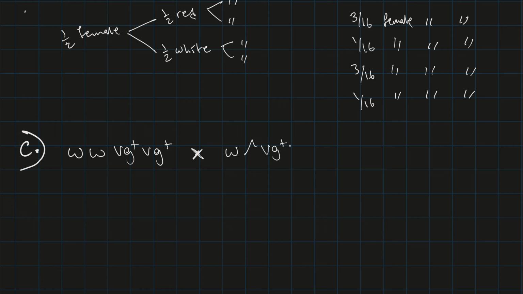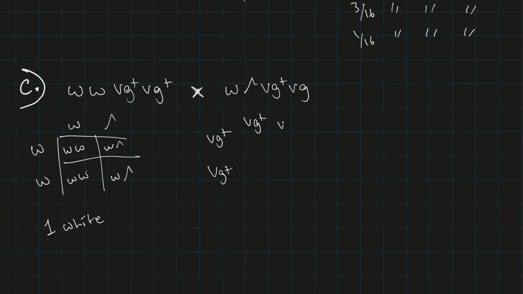And we know that it's going to be half male, half female, right? Now, with our wings, we have our homozygous dominant over here and our heterozygote. And we notice that if we do this cross, all of them are going to be dominant. And so, writing this out, we have half of them are going to be heterozygote, and the other half is going to be homozygous dominant.